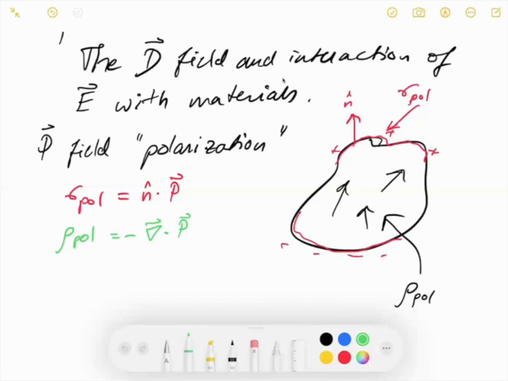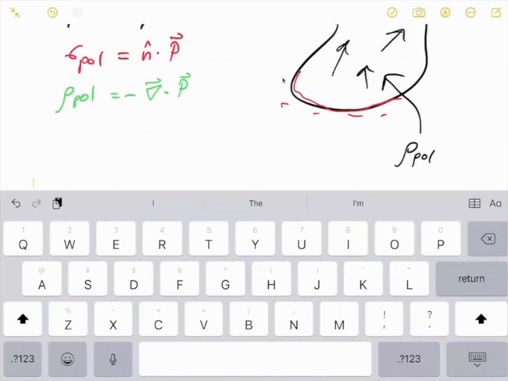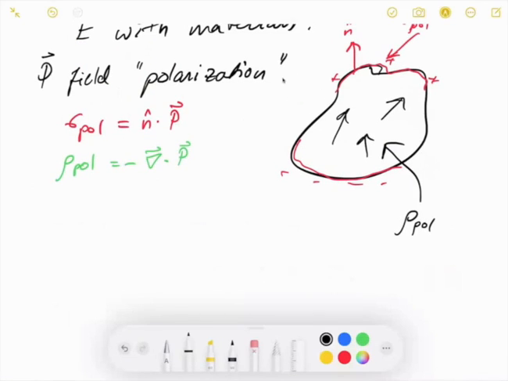And then taking those two things together, we can now use a modified Maxwell 1.